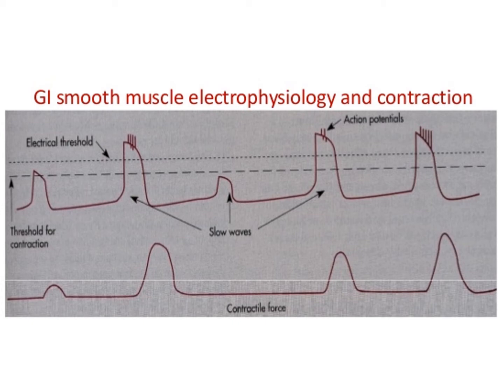Contraction took place only when there was a slow wave plus an action potential, which is the two big recordings in the center of the upper picture, showing the contraction in the two central recordings in the bottom picture.